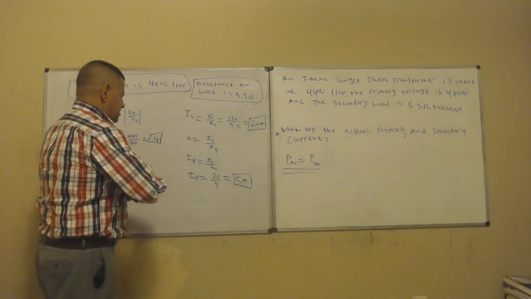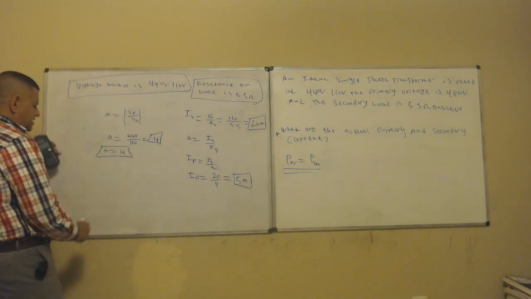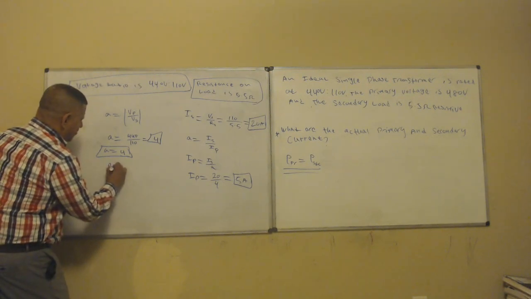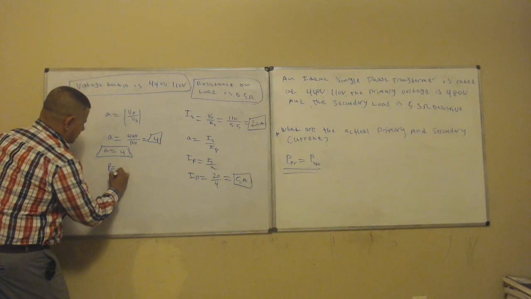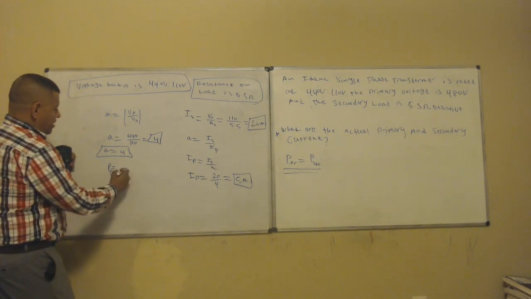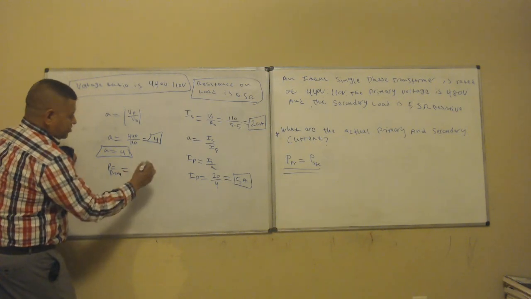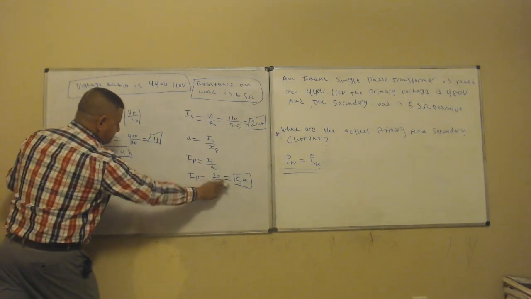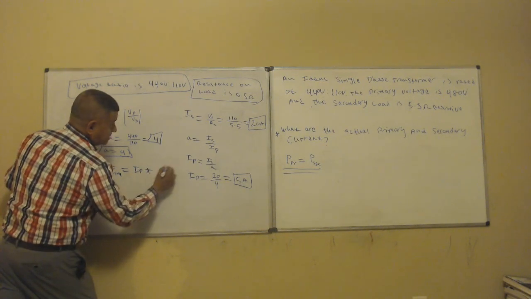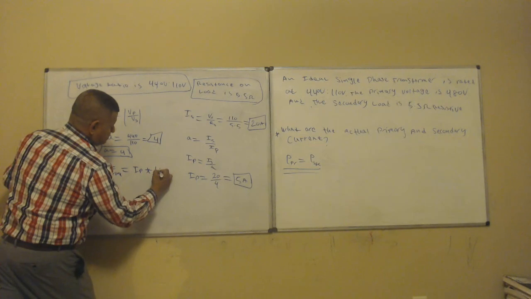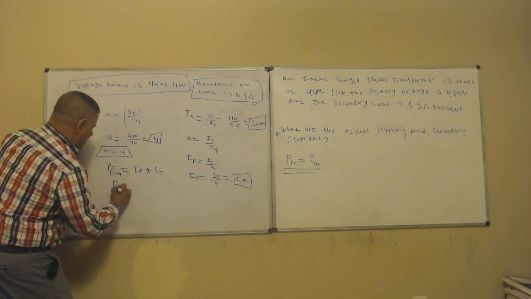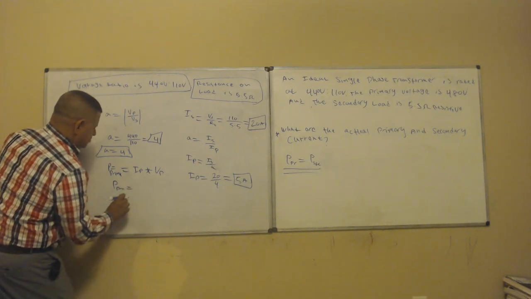To check if the answer is correct, you can say that power primary is equal to IP times VP.